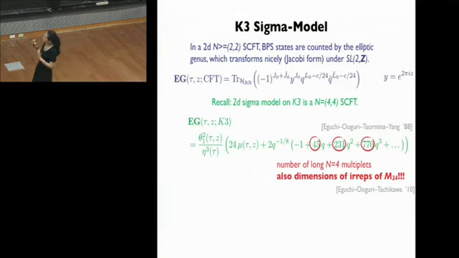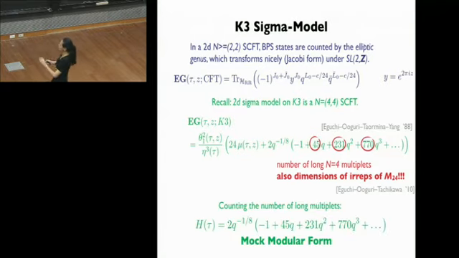So if you're interested in the representation theory of M24 in this story, you might just forget about where it comes from and just look at this q series. You can think about it as a generating function for the number of N=4 highest weight modules with certain quantum numbers.